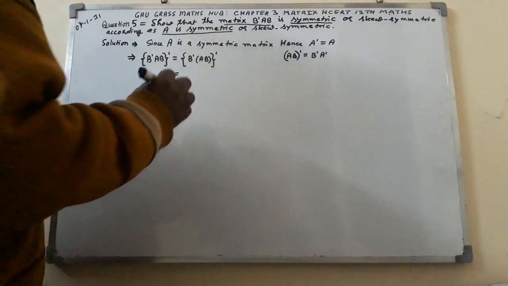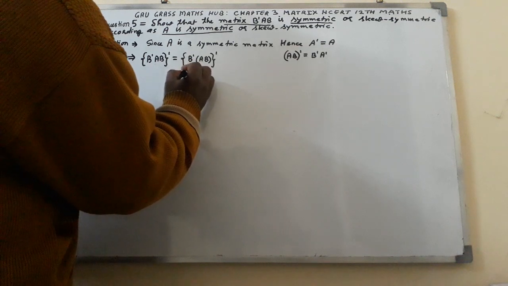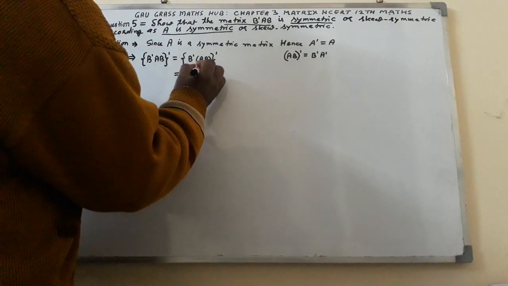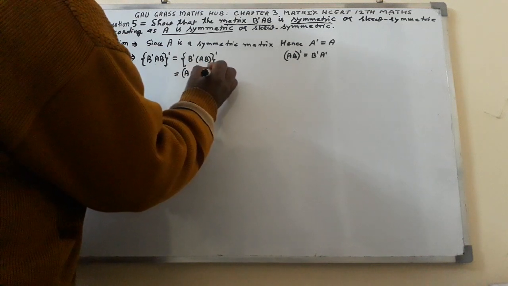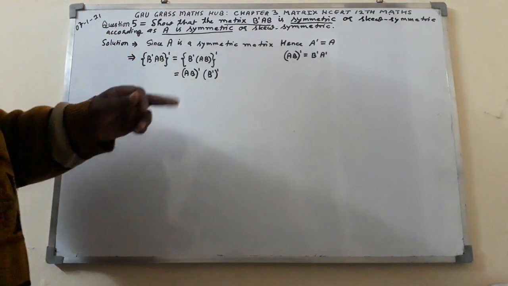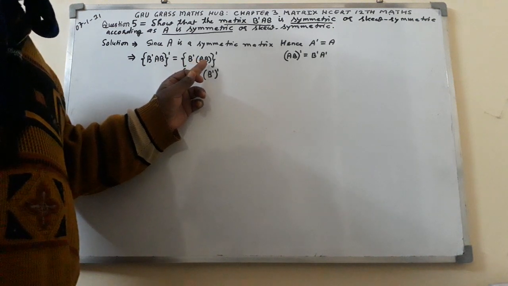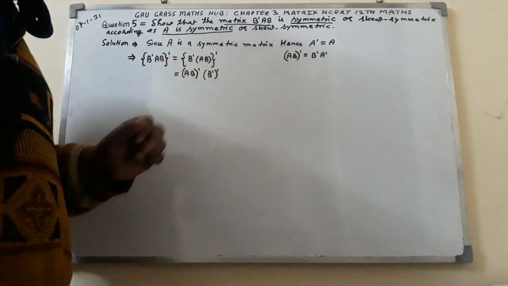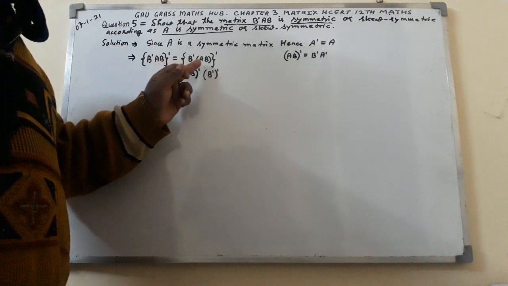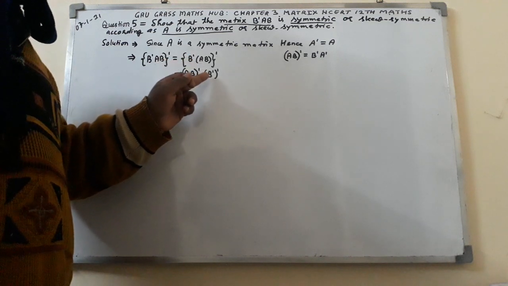You will get here B dash dot in bracket, the transpose of AB. First of all we shall write the transpose of AB dot the transpose of B dash.